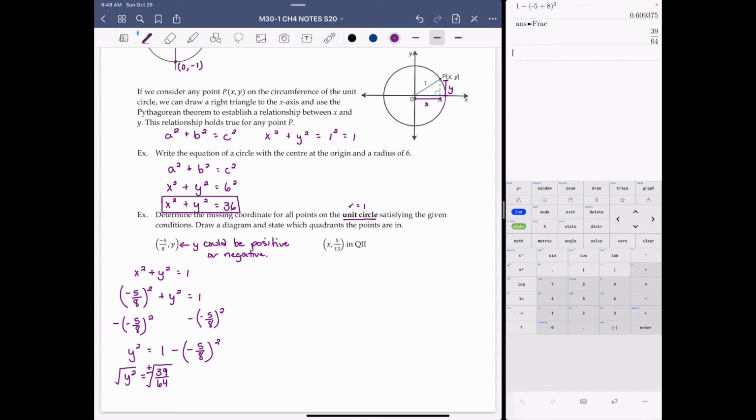Then we want to simplify the radical. Becomes plus minus square root of 39 over, what's the square root of 64? 8 times 8 is 64, so over 8. And then let's double check to see if we can simplify the square root of 39.